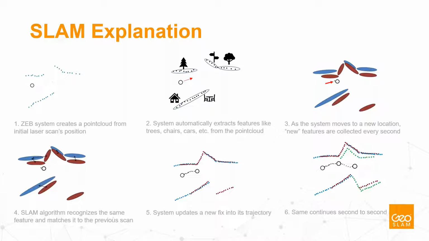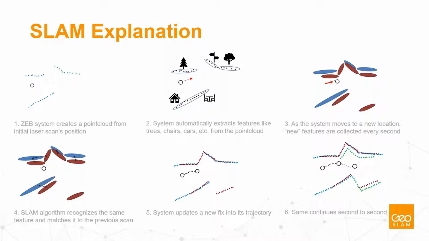Okay, so let's say that you started the system on the table, slowly picked it up and moved with the scanner to a new location. And from this new location, you can see the same features, as you can see on the top right, image number 3. Again, the SLAM algorithm will create the surface elements around those features.